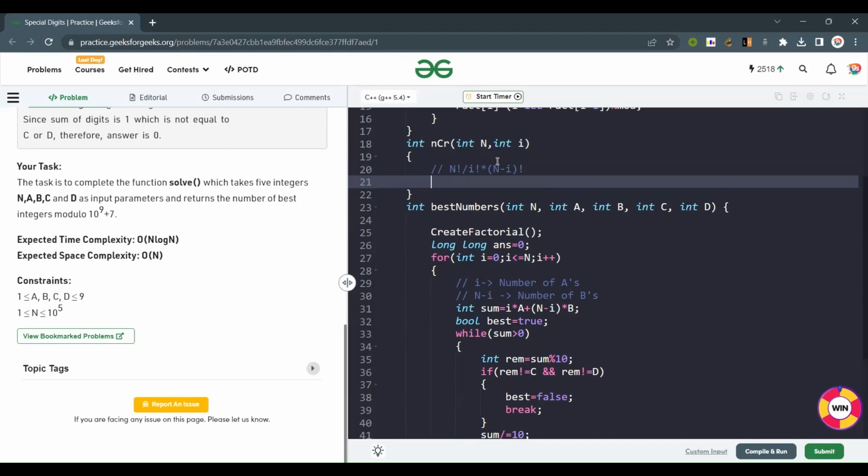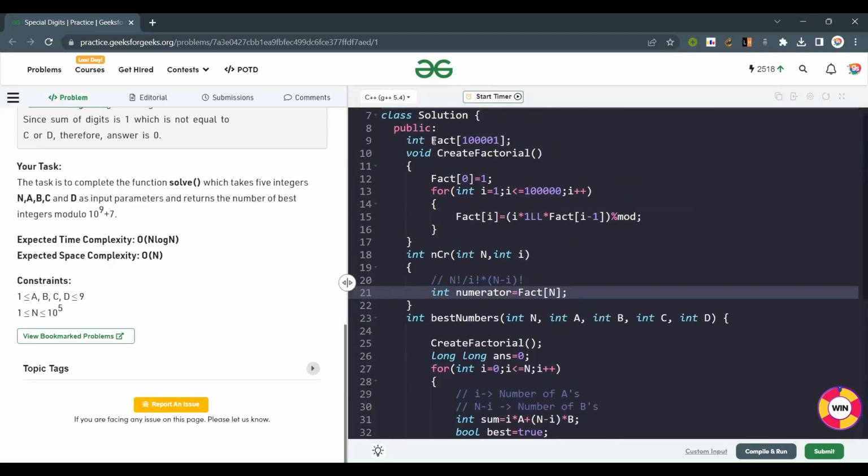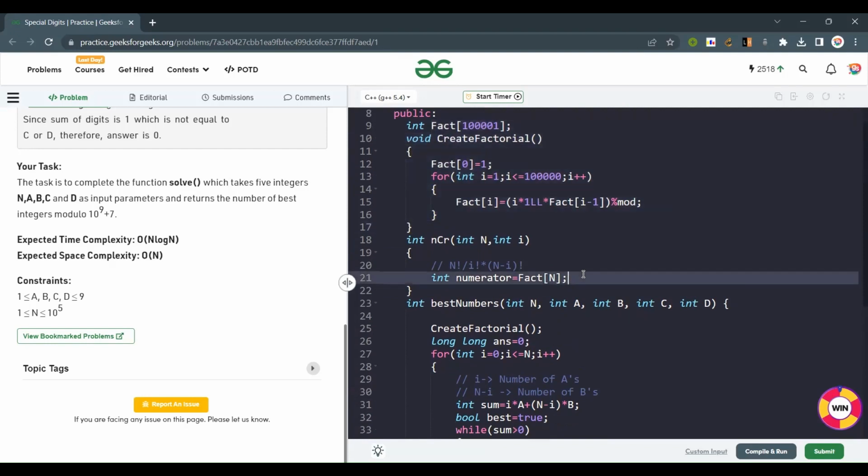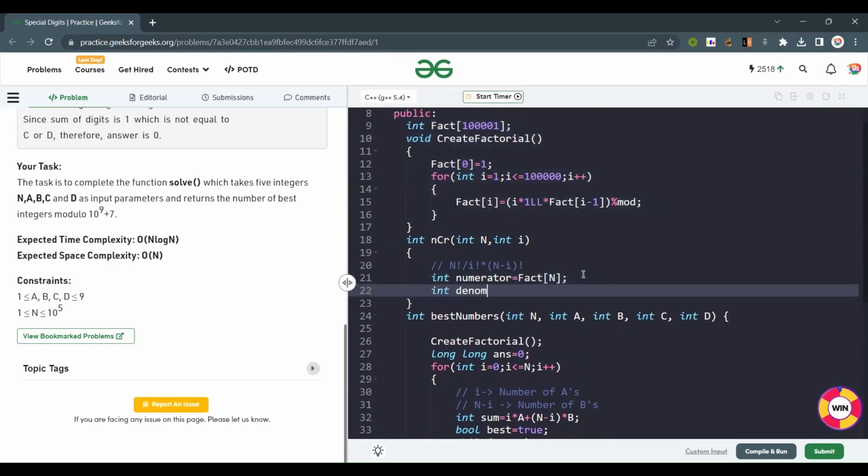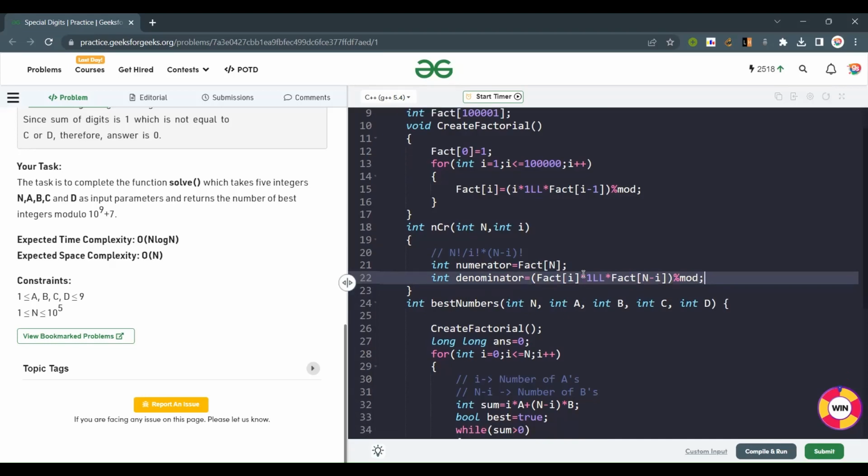So how can I generate it? Numerator is equal to fact of n, because I have already calculated these. The denominator is equal to fact of i into 1LL into fact of n minus i, because it may overflow when multiplying two big integers, so modulo mod.